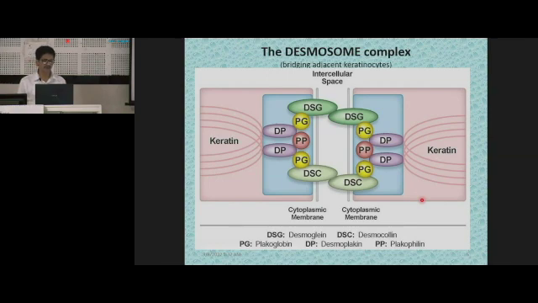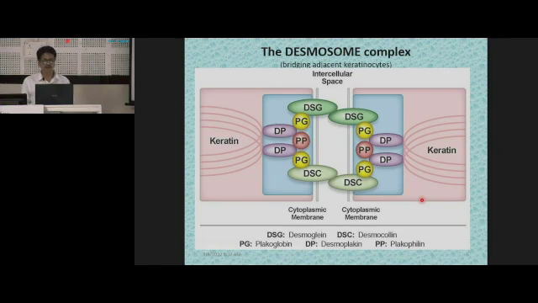I've just named them so that you are familiar with the terminology. DSG is desmoglein, DSC is desmocollin, and then there are certain connecting molecules which impart integrity, and the attachment and adherence of the cell is maintained.